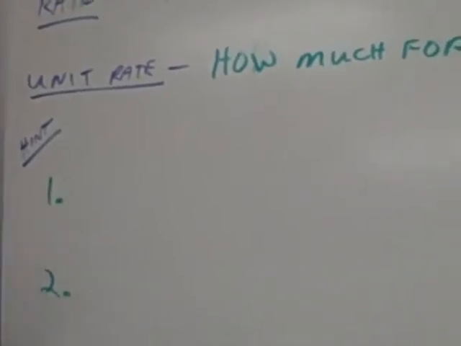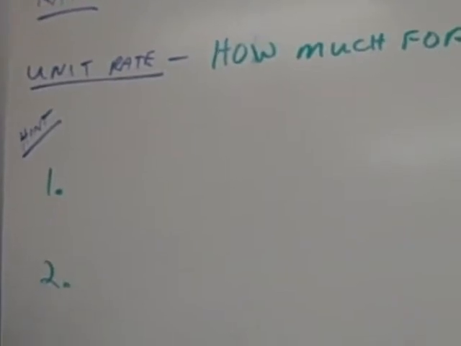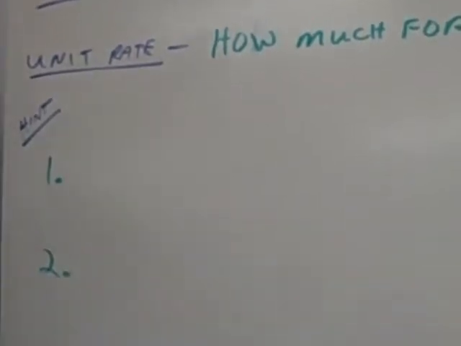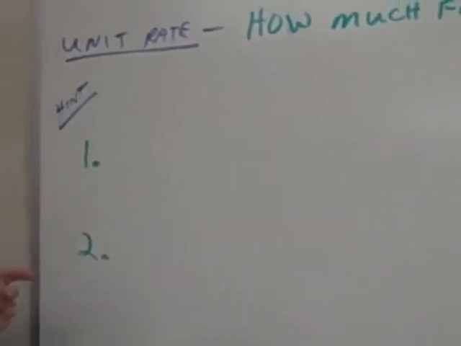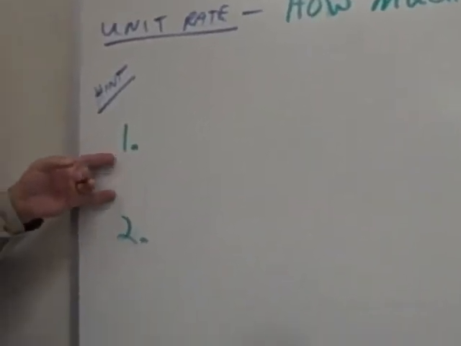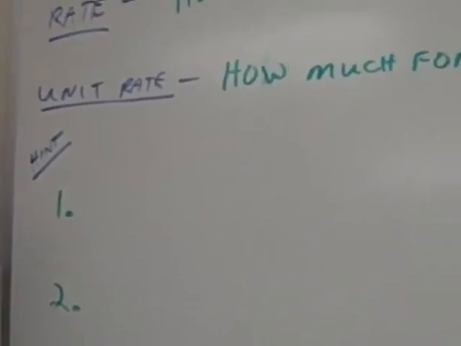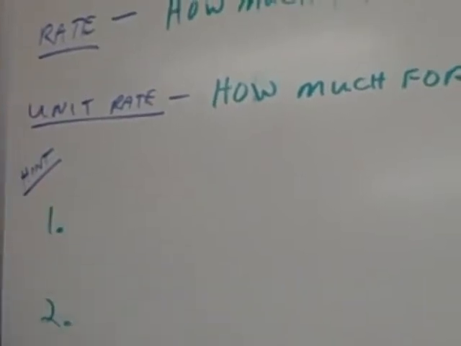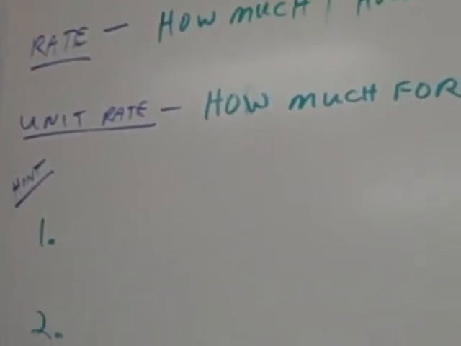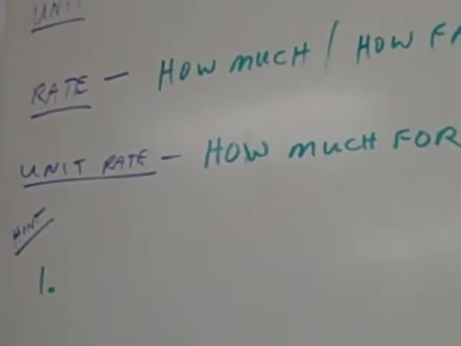These hints are just really for the 6th grade. As you get older in your mathematical careers and in your mathematical knowledge, these hints are correct part of the time. And part of the time, you just have to know how to do division to find unit rates, because they switch the numbers around on you.